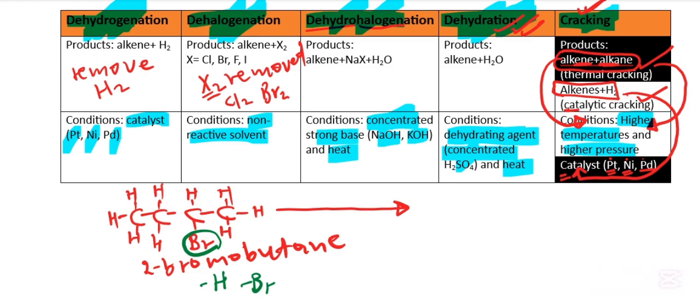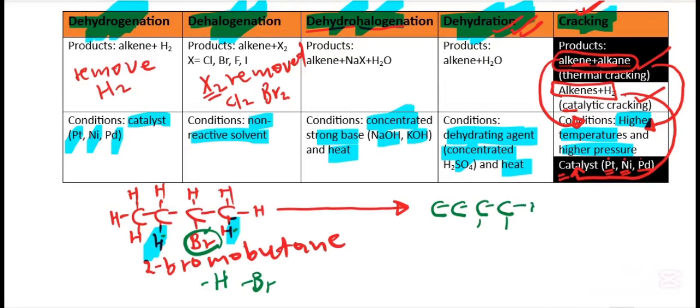We can remove this H or we remove this H because the Br has gone. So there are two H's we could remove, which means two possible products. So the first product, carbons 1, 2, 3, 4, we have the Br and the H here. We remove the H and the Br, with the hydrogens remaining on the other carbons. Then when elimination happens, the double bond forms here. Here is a double bond.